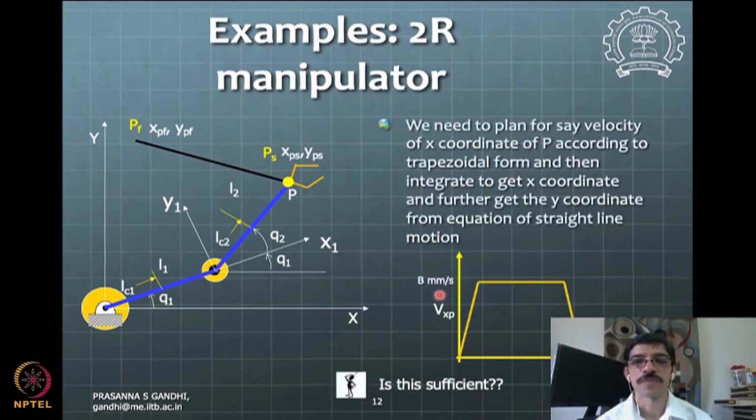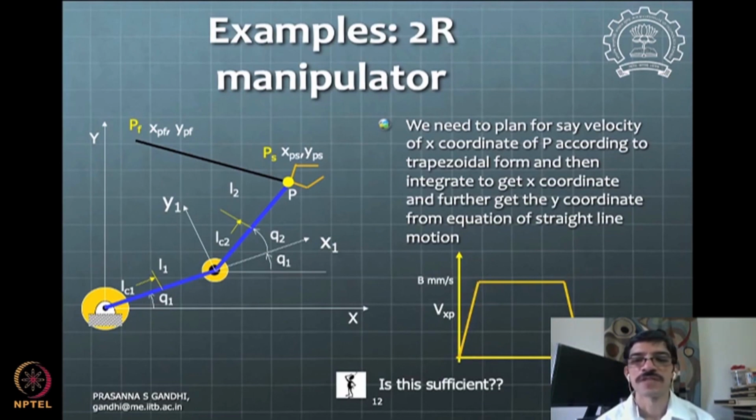I can plan, say, some velocity, say b mm per second, that I will achieve during my motion path, and then again a trapezoidal form of velocity.